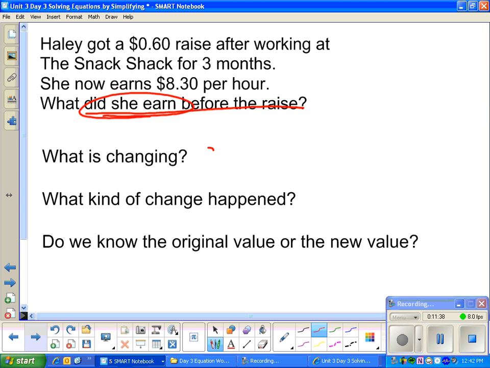So it is her salary. I'm going to call that variable S. The S is changing. What kind of change happened? Well, that salary increased, right?